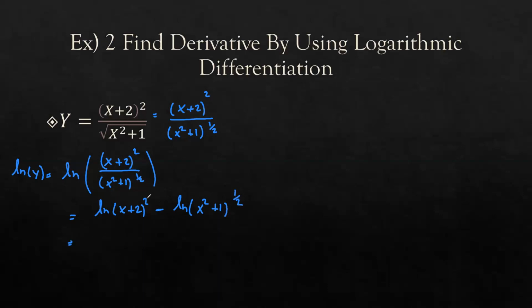And then we can expand this even more. This is a power of 2, so you put the power in front of the ln, so it's 2 ln of x plus 2, minus, this has a power of 1/2, so you put it in front: 1/2 ln x squared plus 1.